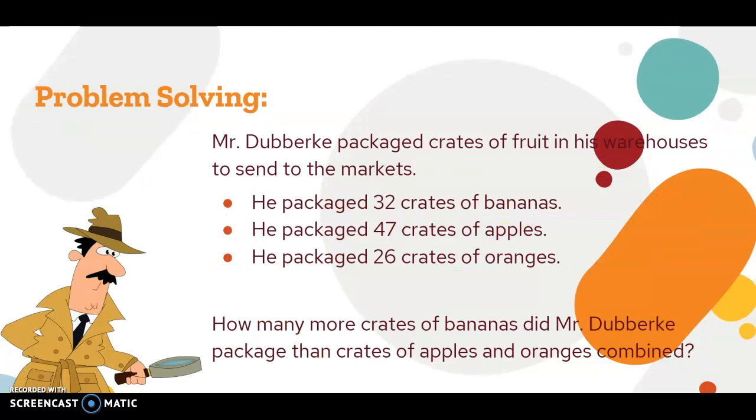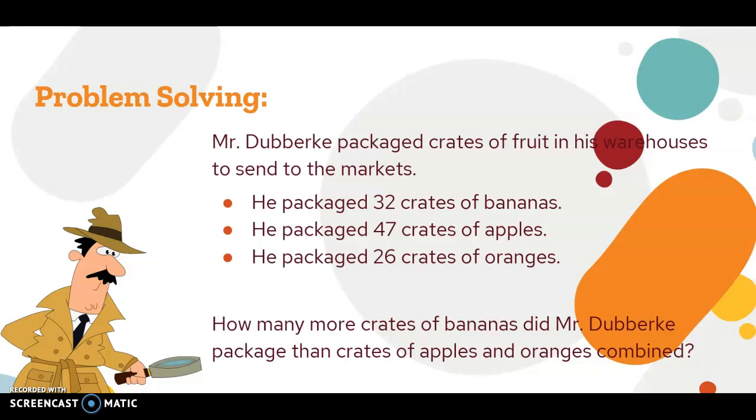Let's look at another problem, another example, and we're going to dissect this problem. We're only going to focus on the understand section and plan section of our problem solving board. So our problem reads, Mr. DeBerkey packaged crates of fruit in his warehouses to send to the markets.